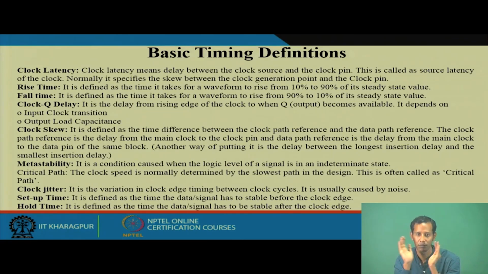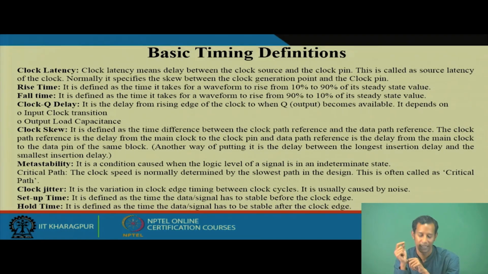So, if I superimpose one after another these 100 cycles, I will not find that every rising edge of the clock is the same as the others. There will be slight differences in the rising edge as well as the falling edge, which is caused by the noise associated with these clock pins.